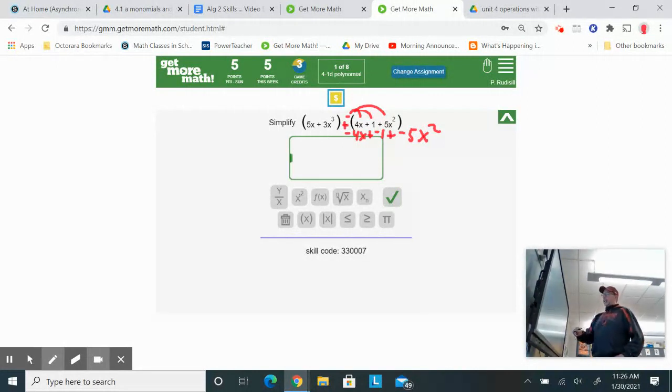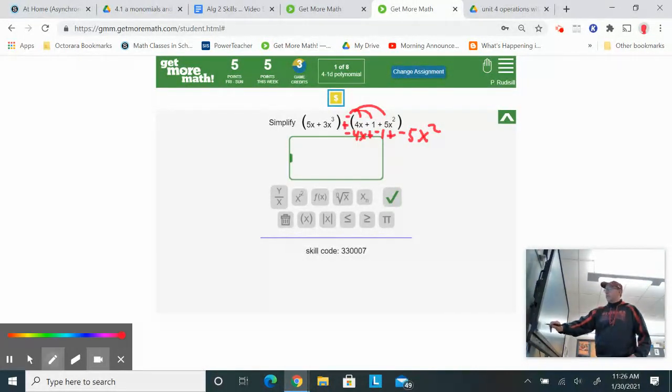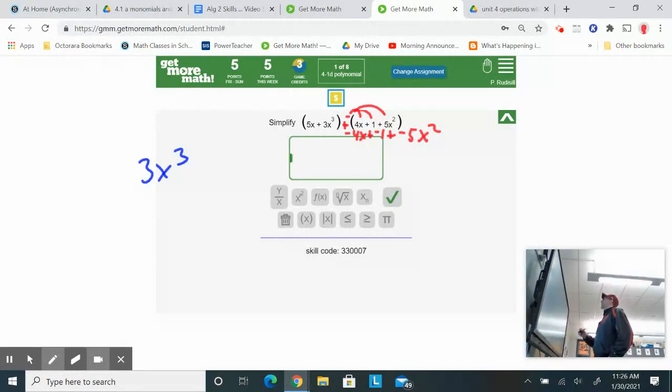So I have 3x cubed, which would be written first. X squareds: I only have one x squared there, so I have negative 5x squared, so plus negative 5x squared or just minus 5x squared. X's: I have negative 4x and a positive 5x, which gives us 1x.